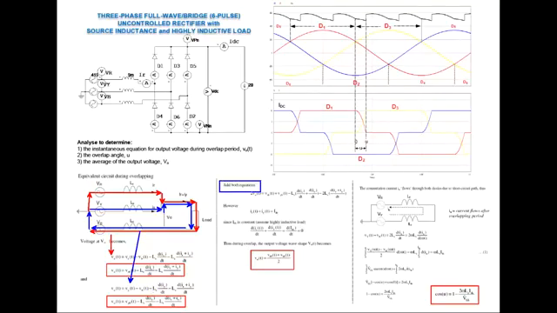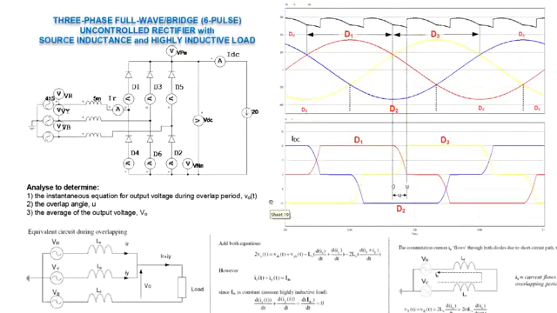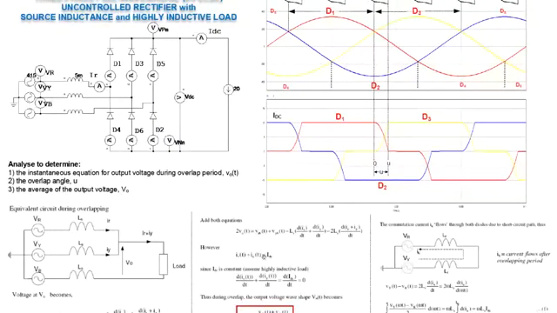Add them together, add both equations, that gives you 2V0, okay, 2V0 plus VRB plus VYB minus LS DIR over DT plus DIY over DT minus 2LS DIR plus IY over DT. We know that IR plus IY equals to IDC.